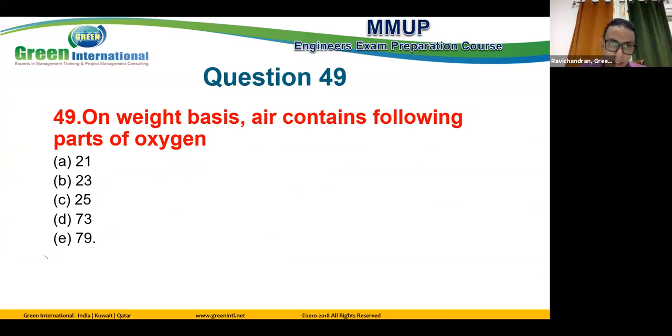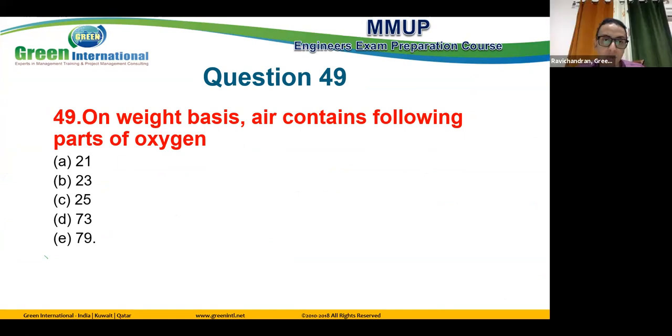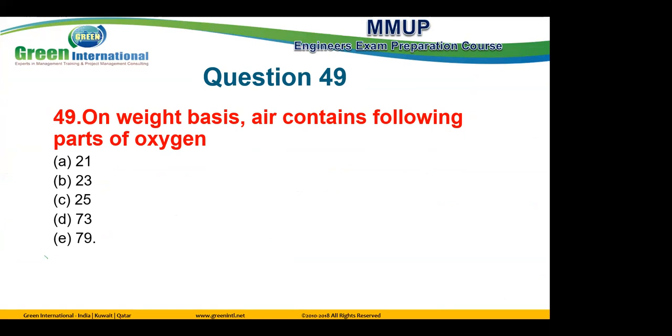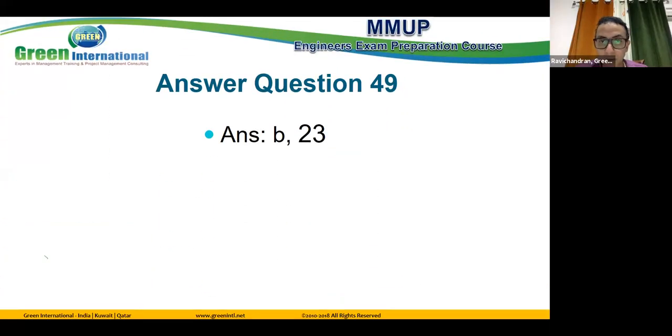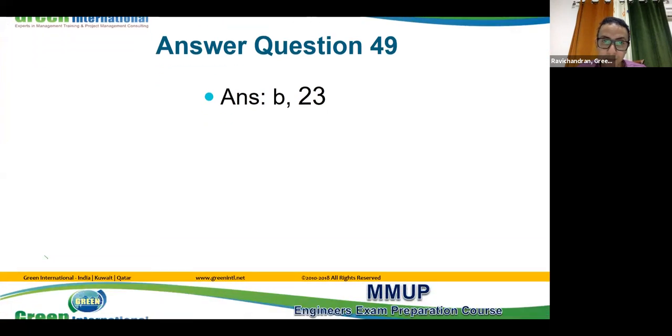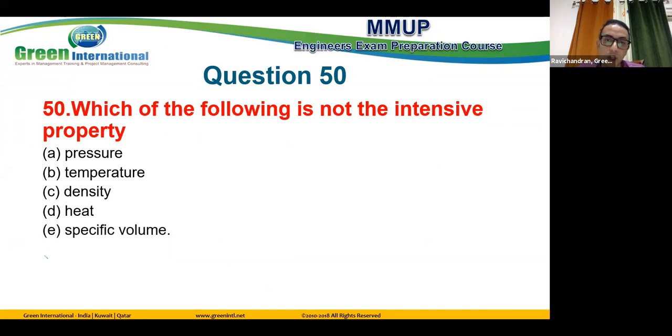What does weight basis mean? It's gravimetric analysis, because we have another percentage according to volume basis, but here it asks for weight basis. 21 or 23? 23 for weight basis, 21 by volume basis. Which of the following is not an intensive property?